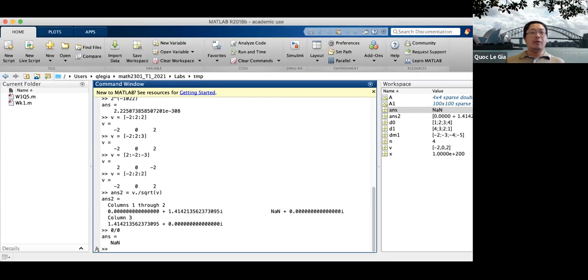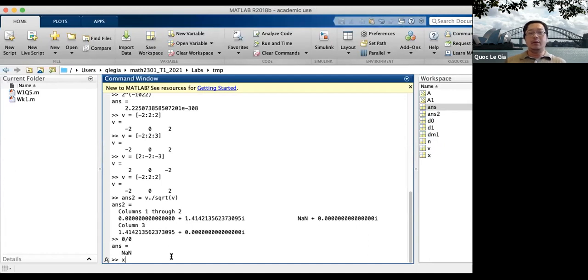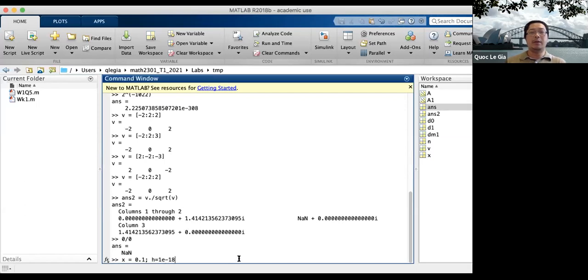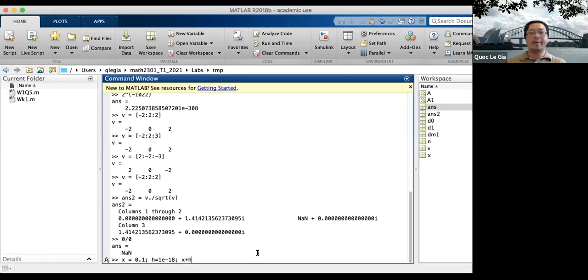So now the last question is: x equals 0.1 and h equals 10 to the minus 18, and then x plus h less than or equal to x. So what is the answer, 0 or 1? h is a positive number, right?